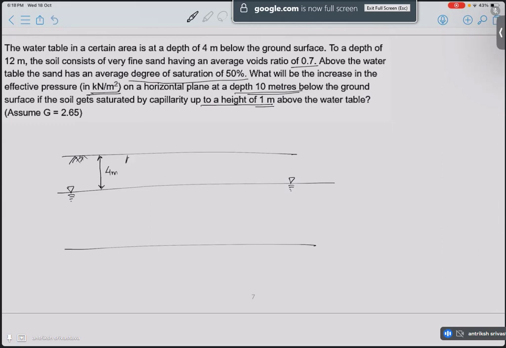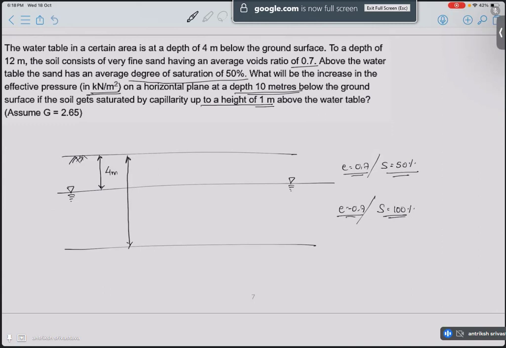And till 12 meter below the ground surface we have a sand where the void ratio for this sand is 0.7. Okay. And above the water table we see that the degree of saturation is 50%. So S is 50% above the water table, and what will be S below the water table? It will be 100%. Okay.